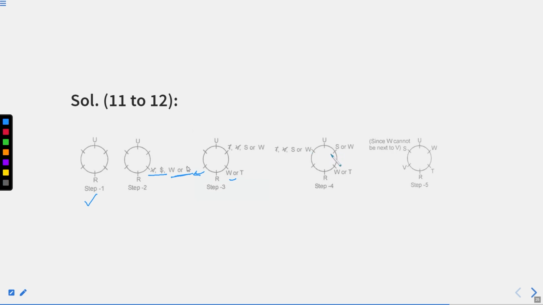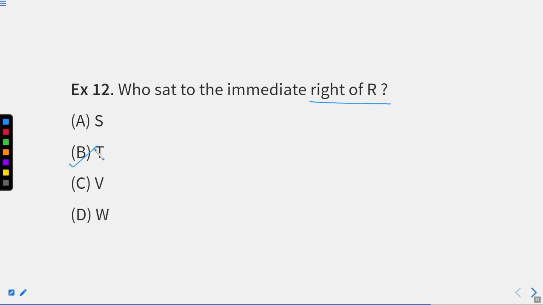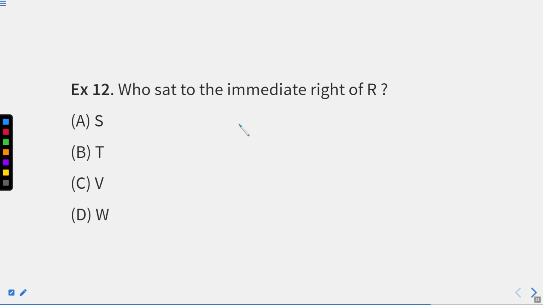So if we place W in this direction, T in this direction, V in this direction because V cannot be placed here, and we are eventually left with S in this direction, we are able to form the complete diagram. So the immediate right to R is T and immediate left to R is V. So option C, that is V, is immediate left, and for who is immediate right to R, that is T. So option number B will be your answer.